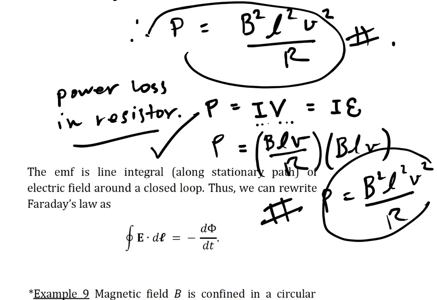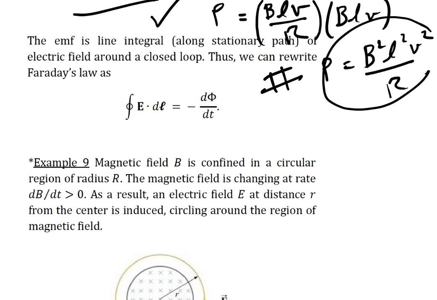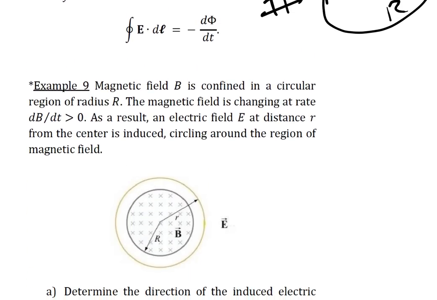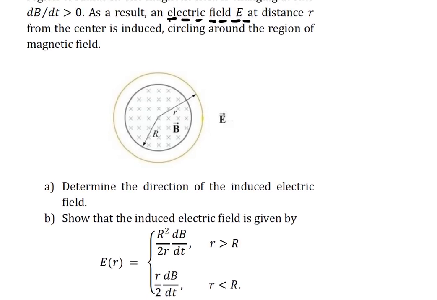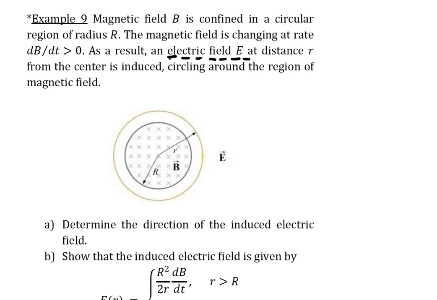Okay, and then for the last example, it is special because we get the electric field E involved in the calculation. So in part A, the question asks you to determine the direction of the induced electric field.